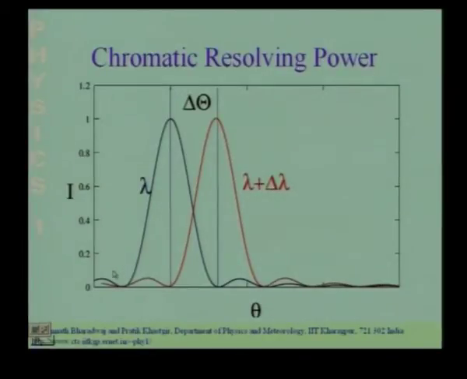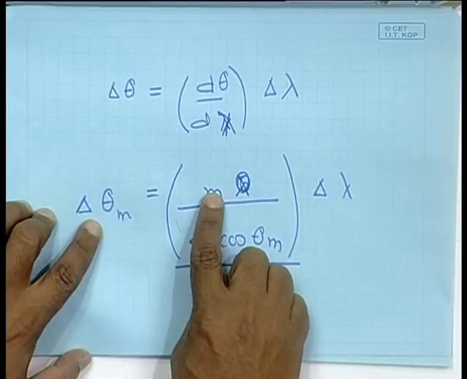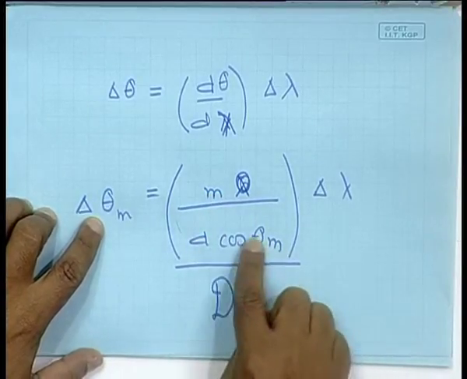The mth order maxima of the wavelength lambda occurs at a particular angle theta, and for the wavelength lambda plus delta lambda, the maxima is shifted by an angle delta theta, where we have just calculated how much it will be shifted, and we saw that it will be shifted by an amount which is m divided by d cos theta m into delta lambda.